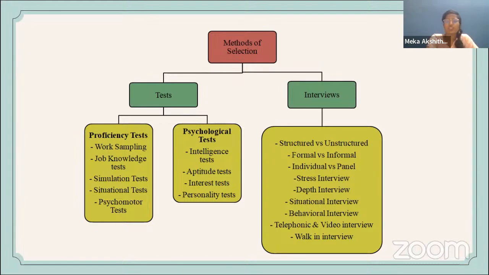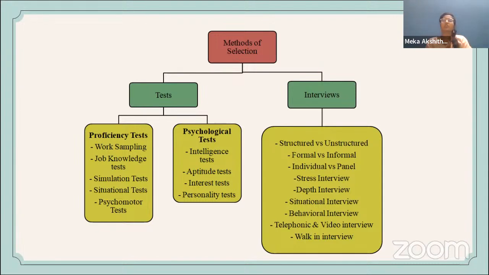Then comes the simulation test. In this, the organization, or the interviewer, would be creating a situation and asking you to deal with it. This is not the original situation; they would be creating it.